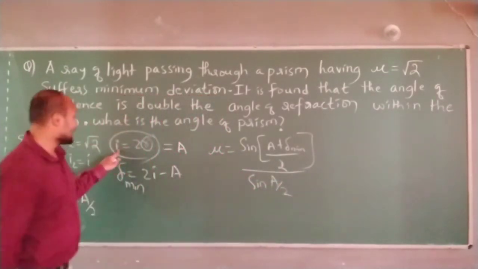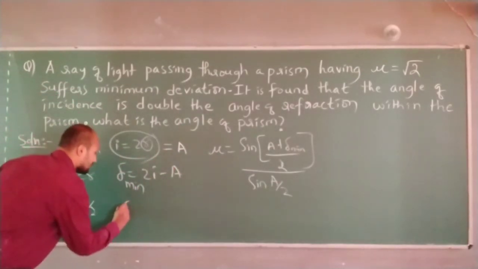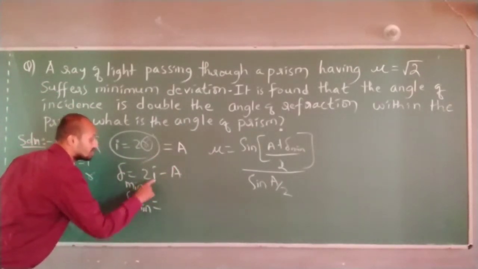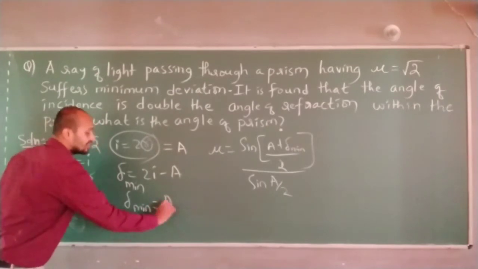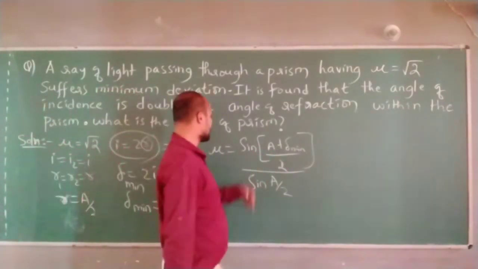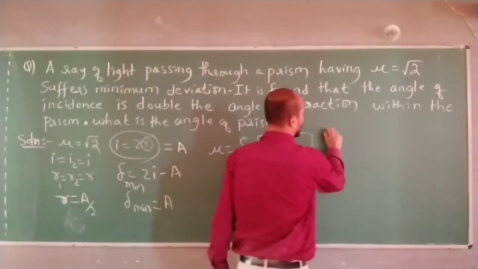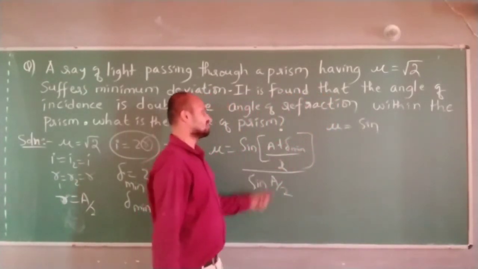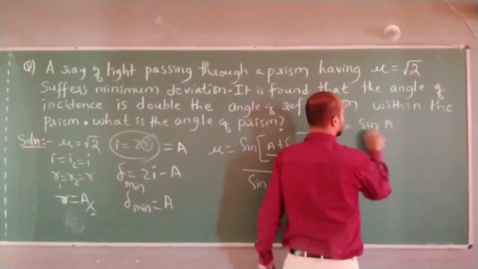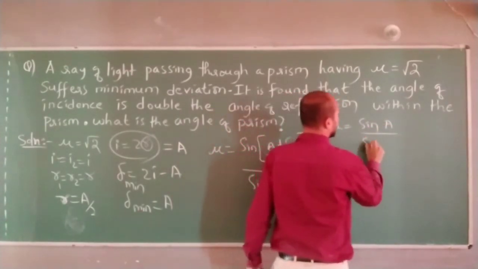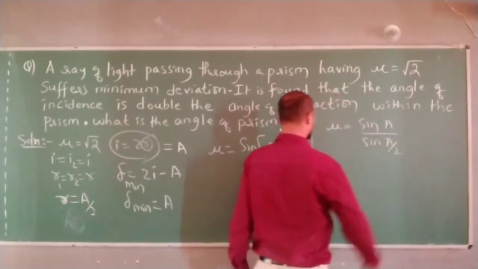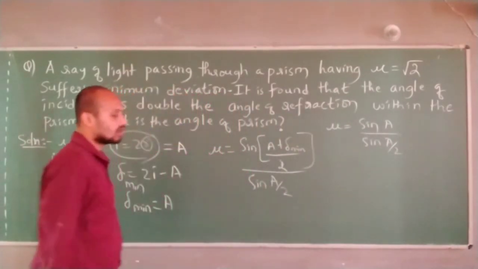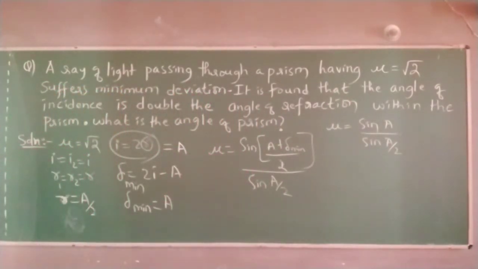Here I is equal to A, so delta minimum will become 2A minus A, that is A. So here mu is equal to sine of 2A by 2, so sine A divided by sine of A by 2. Got it now?